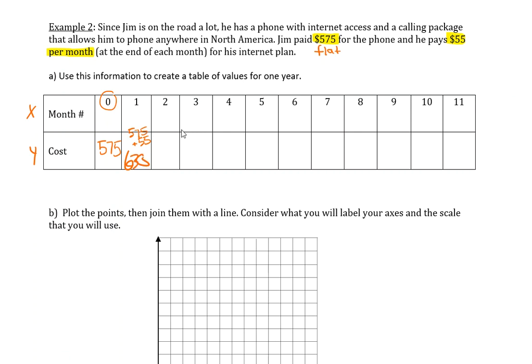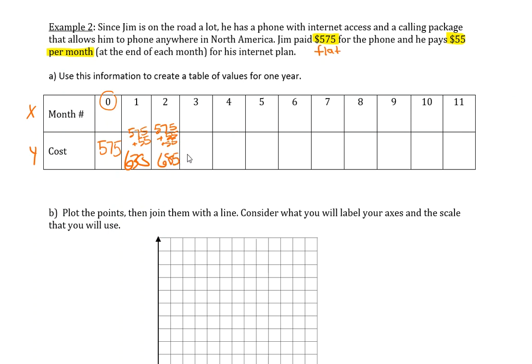What about month 2? If he has the phone for 2 months, well, he had to pay his $575, and then he had to pay $55 2 times, so 55 and another 55. So really we're taking this number and adding another 55 on. Every month we're just going to add another 55 on, so that's 685.